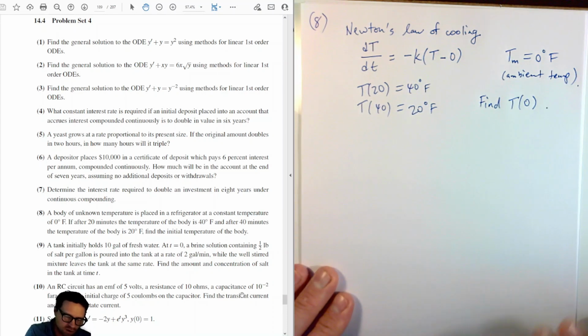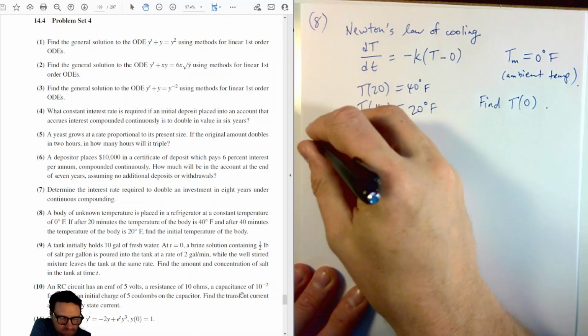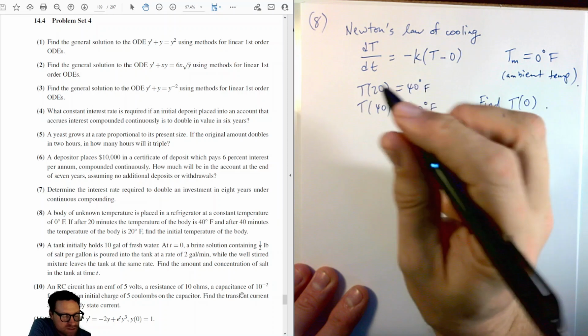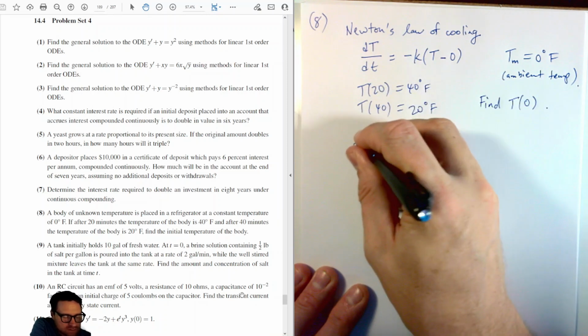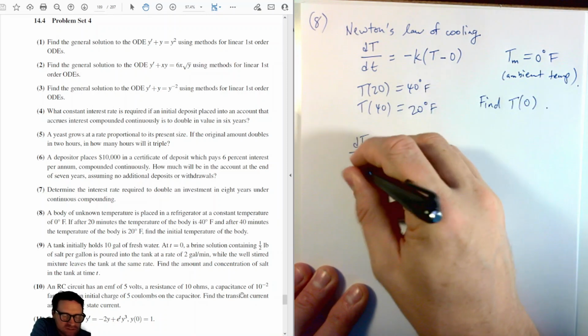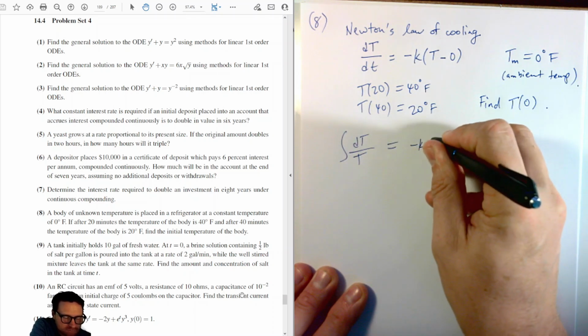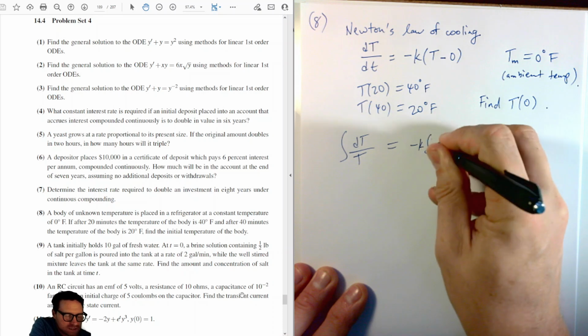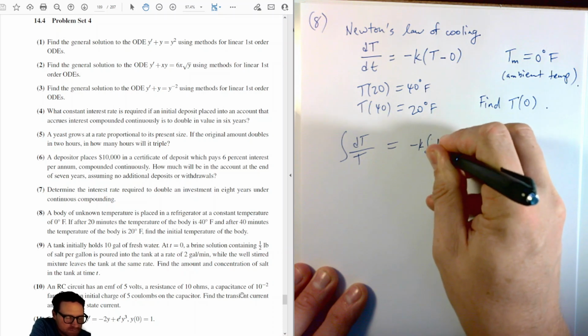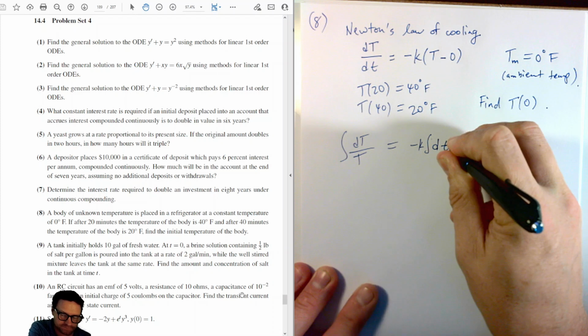Okay, so solving this equation, it's both separable and linear. So we have the integral of dT over T is equal to the integral of minus k dt.